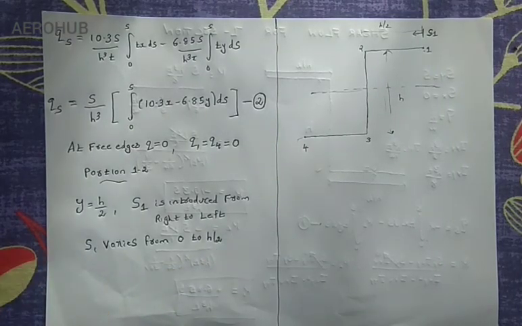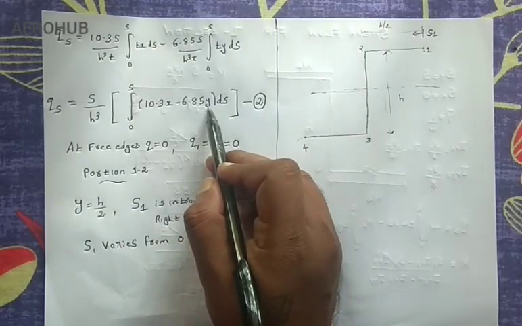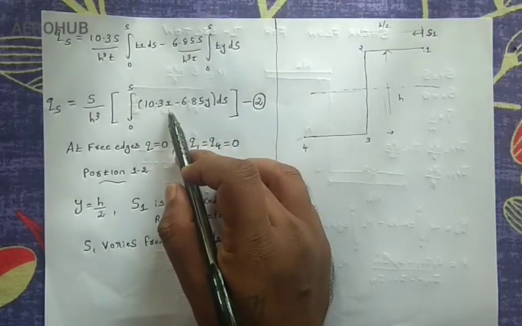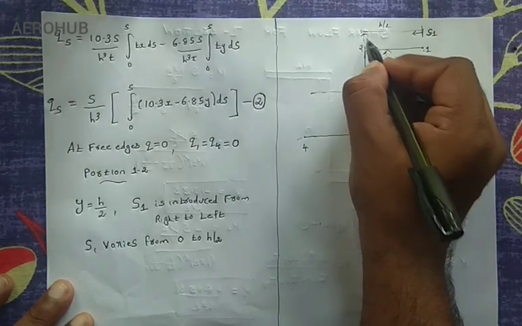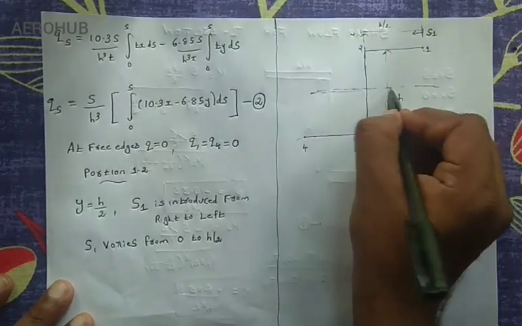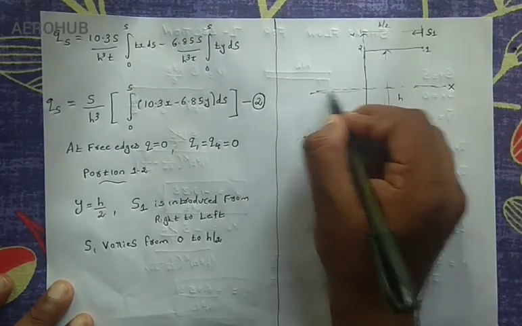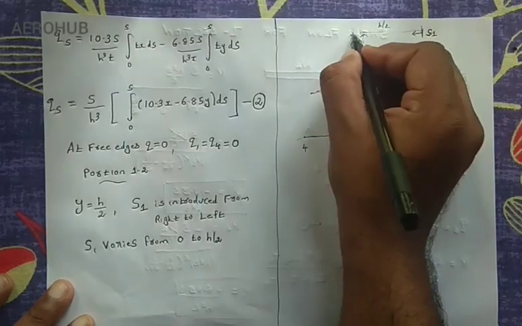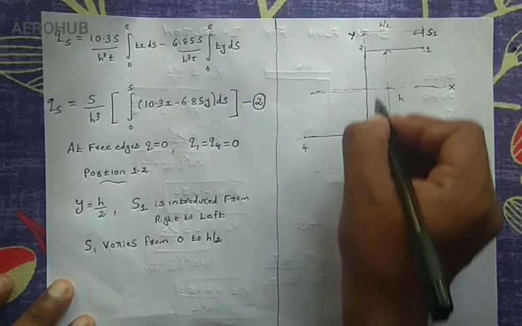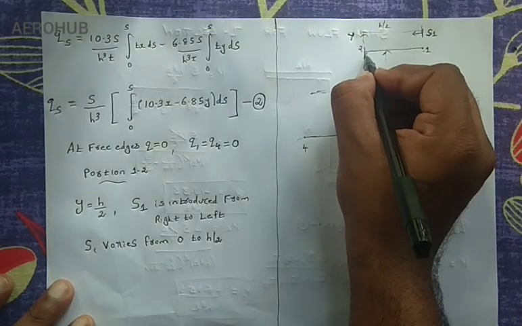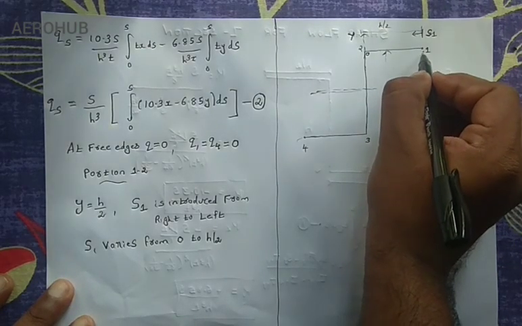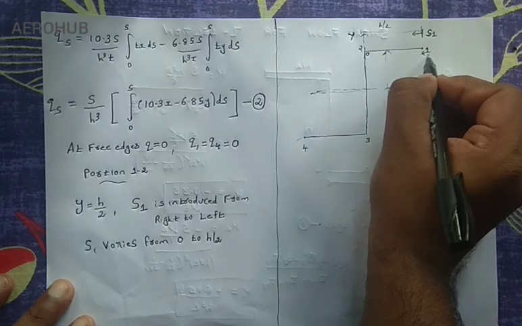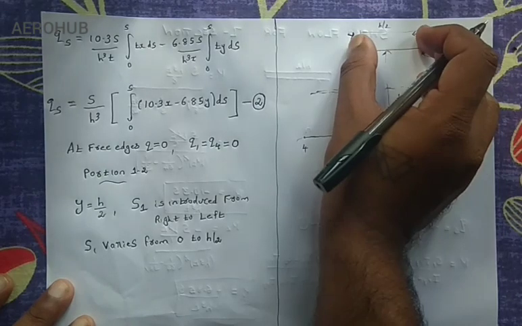Now in equation number 2 we have a y term, and then we have one more term, x. This is the y axis and this is the x axis of the entire system. At this point the value of x is 0 because we are keeping the web on the y axis, and at this point the value of x is equal to h by 2, since the length is h by 2.